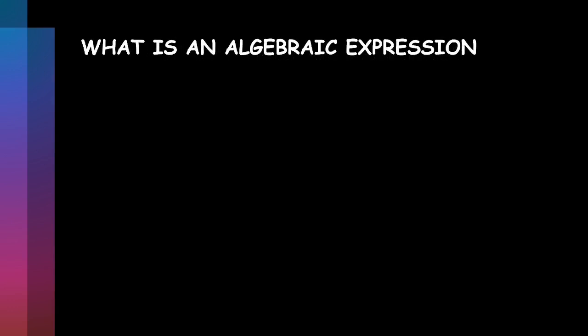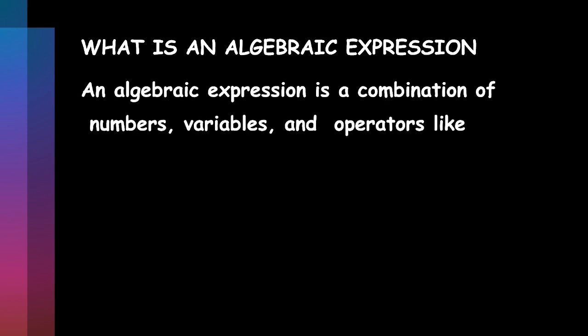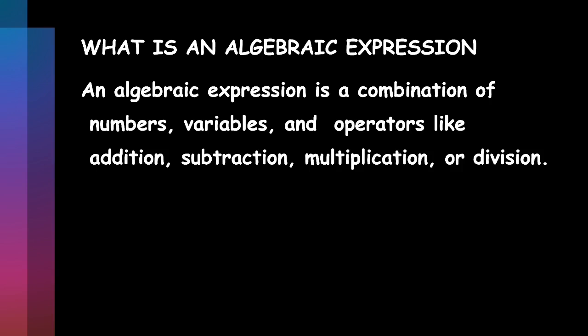What is an algebraic expression? An algebraic expression is a combination of numbers, variables and operators like addition, subtraction, multiplication or division. 3x plus 5. Here 3 and 5 are constants, x is the variable and plus is one operator.